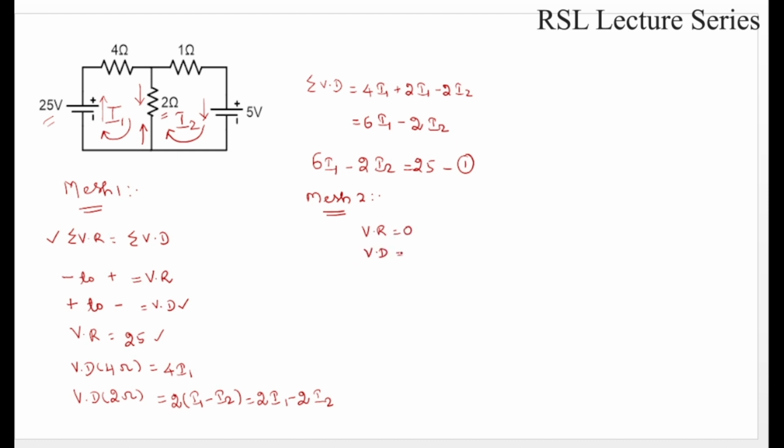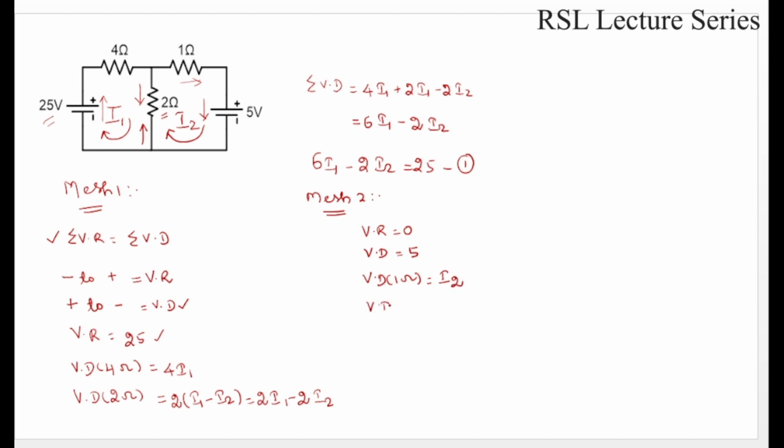This 5 volt source is considered a voltage drop. Next we write the voltage drop across the 1 ohm resistor, where the current is I2 only, so the drop is 1 into I2, or simply I2.